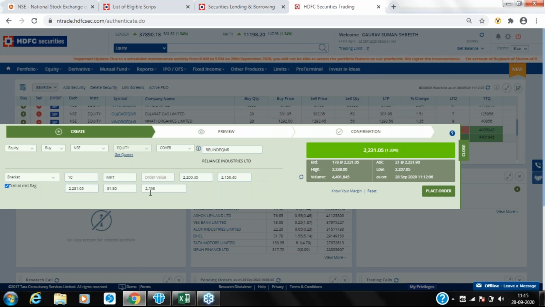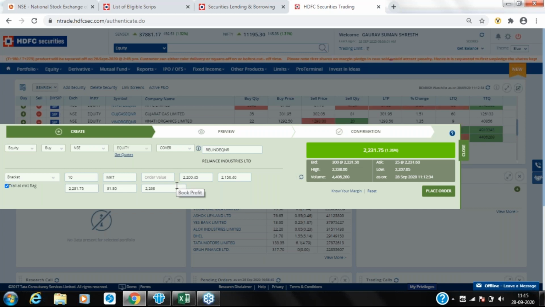In case the market goes up in our direction, 2263 is the level at which the target will be booked. In case the market comes down, 2200.45 is the level at which our stop loss will get triggered. In case one of them gets triggered, either the target or the stop loss, the other order will automatically get squared off.